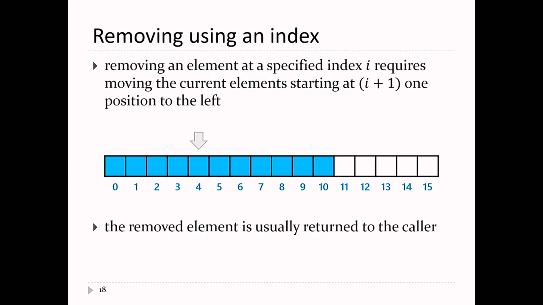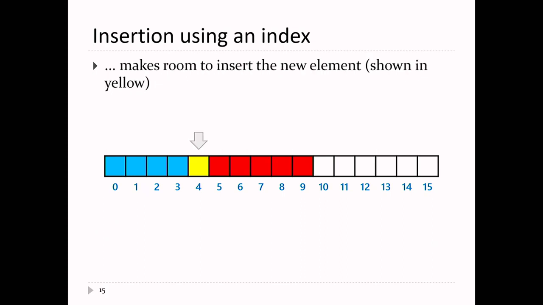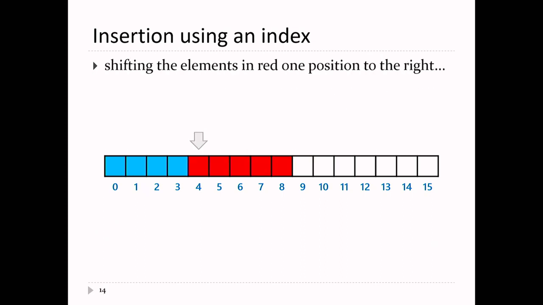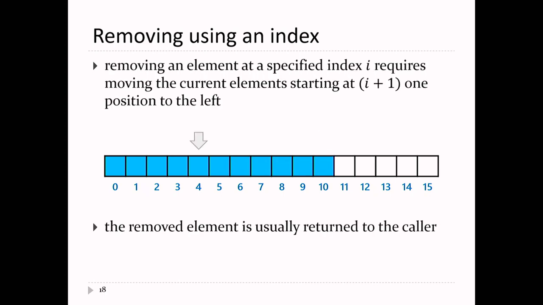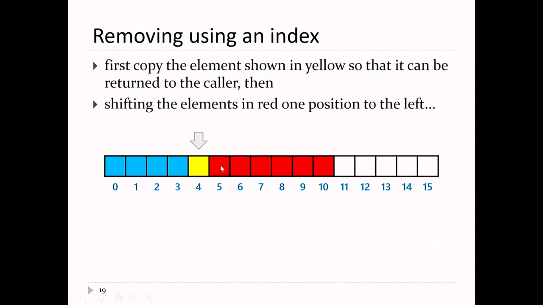Okay, now what about removing? So inserting, we have to shift a bunch of elements to the right and then add the element into the middle of the list. Removing: if I want to remove the element at index 4, I want to get rid of that. What I have to do is shuffle all of the elements in red one position to the left, because I want to get rid of this element here.